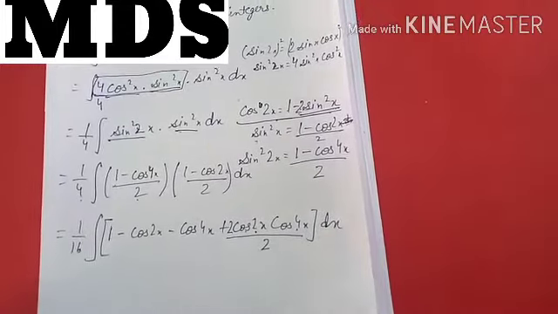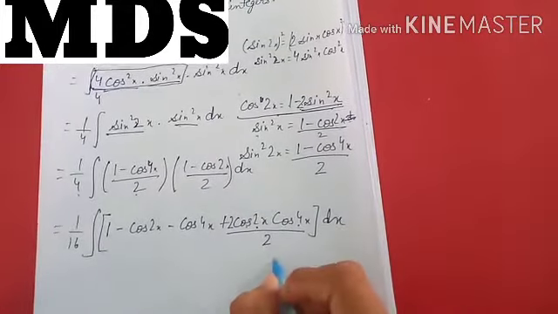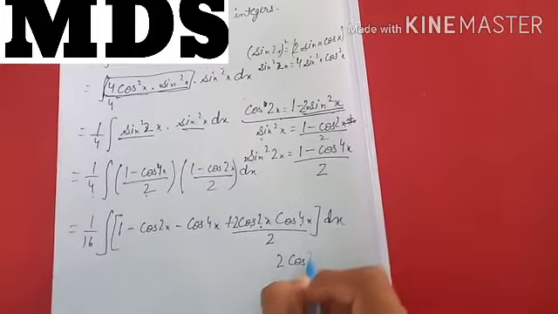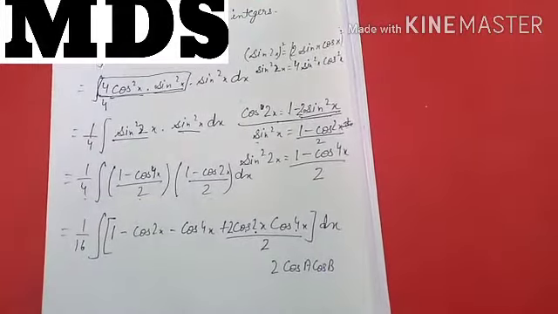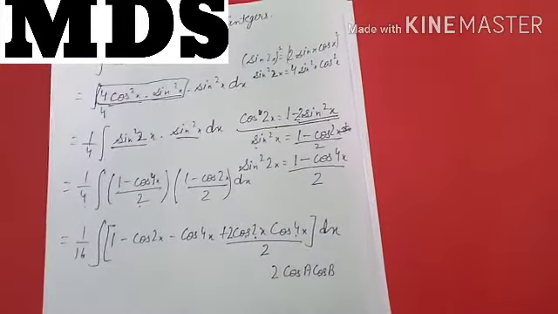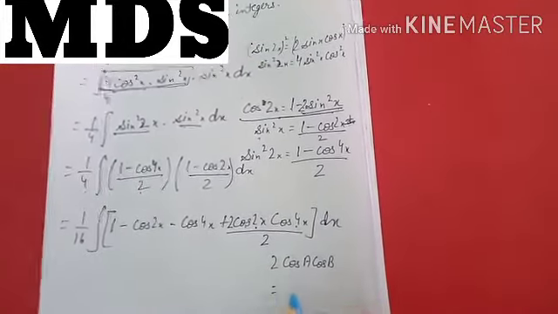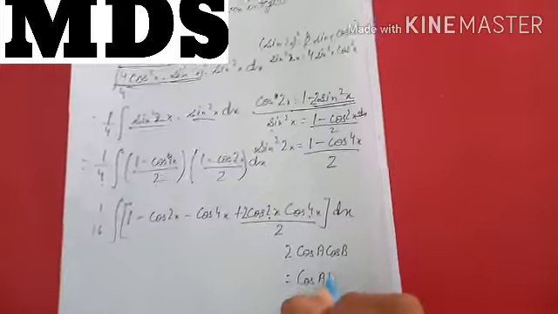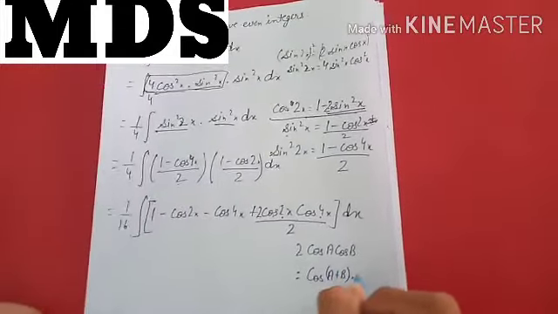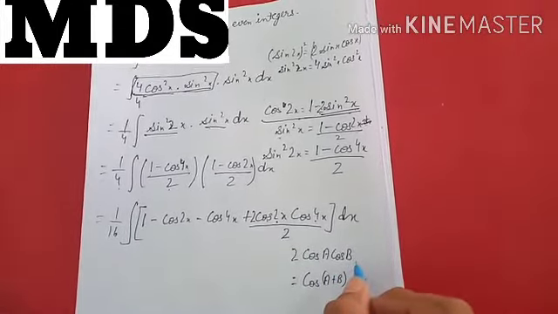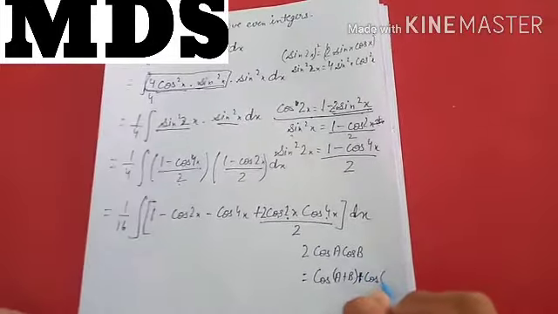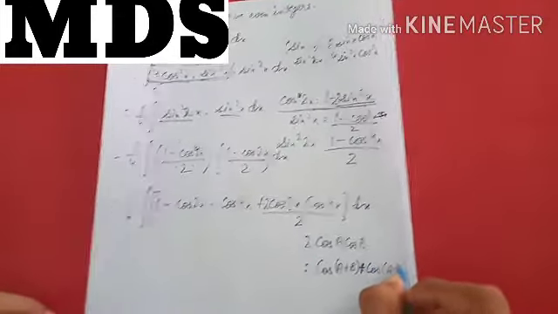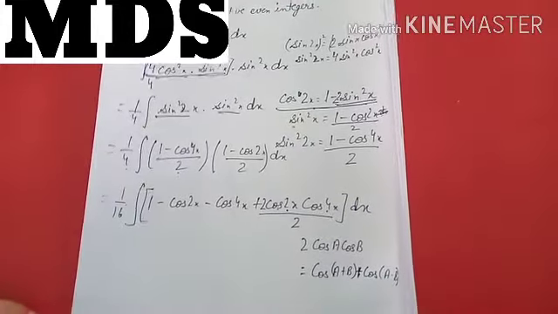Because by doing this, we got the formula of 2 cos A cos B. Okay, again from first 11th class. And what is its result? It is cos of A plus B plus cos of A minus B.